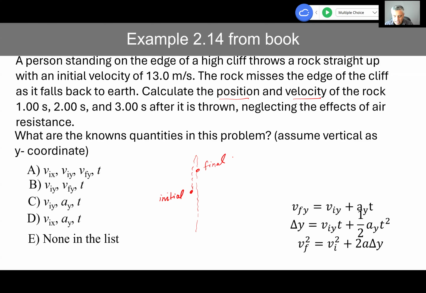So once we have sketched the situation, we need to write down the knowns and unknowns. This question is asking you among these variables, y is for the vertical direction and x is for the horizontal direction, okay, in this notation.